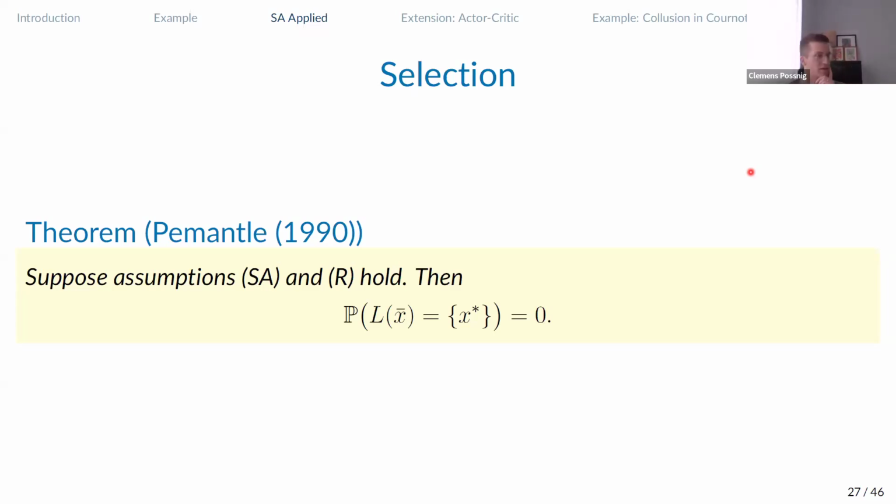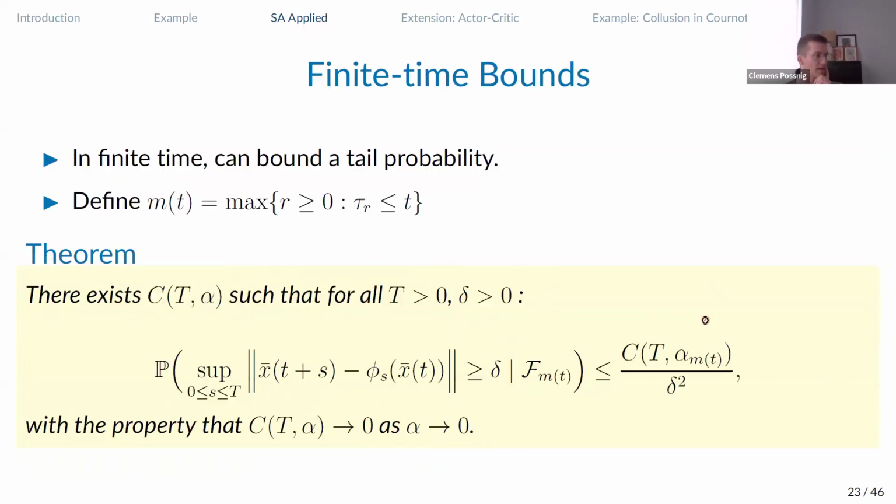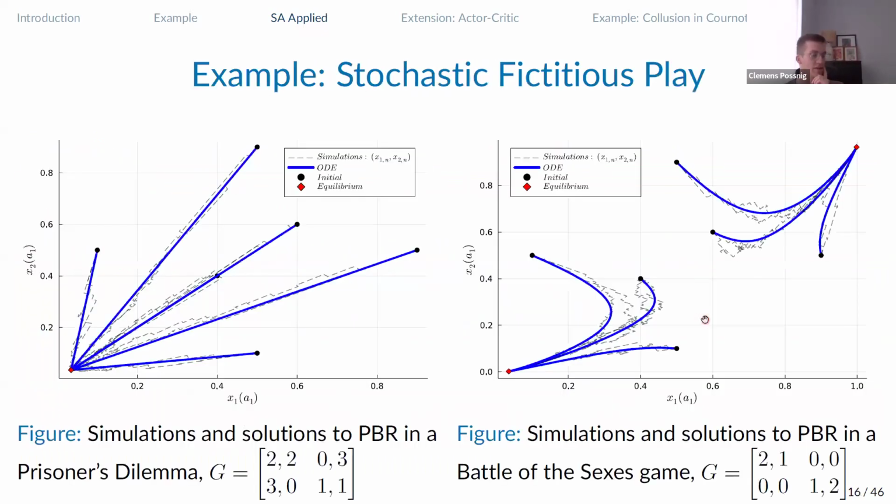And maybe one thing I wanted to mention is if we look back here on the right-hand side, you might know that the Battle of the Sexes game actually has 3 equilibria, one of them being mixed. It's somewhere here in the middle. I didn't have time to plot all of this. But what happens here is the application of selection to our problem.